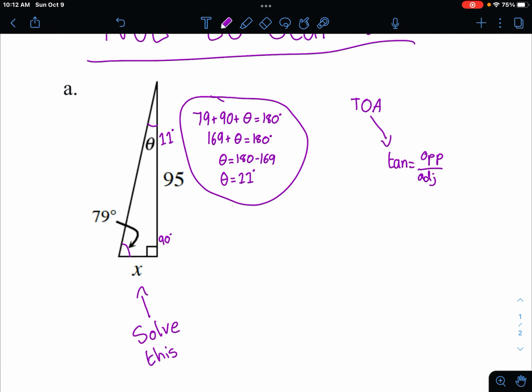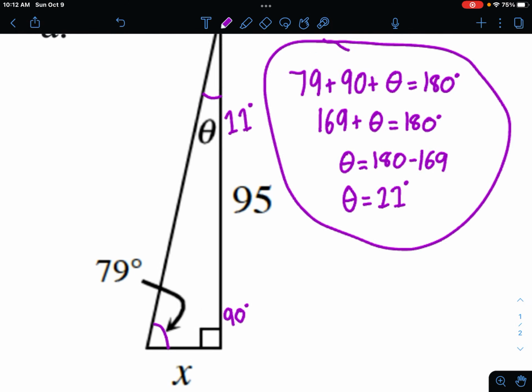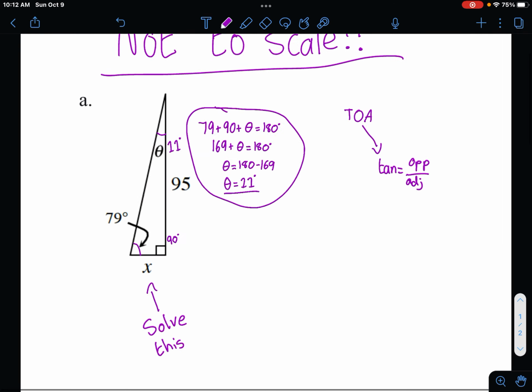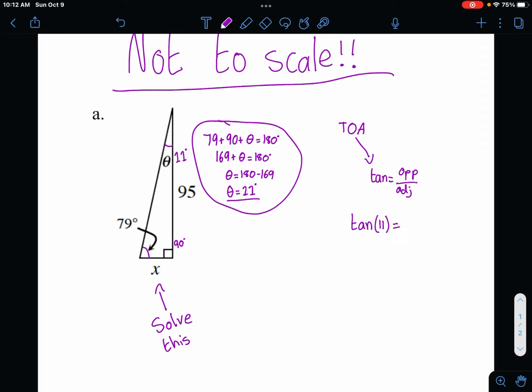Alright, so let's solve this. The first thing that we're going to do is plug in theta. We already solved for theta and we got 11. So we're going to do tan 11. We just need to recreate this equation, equal to opposite over adjacent.